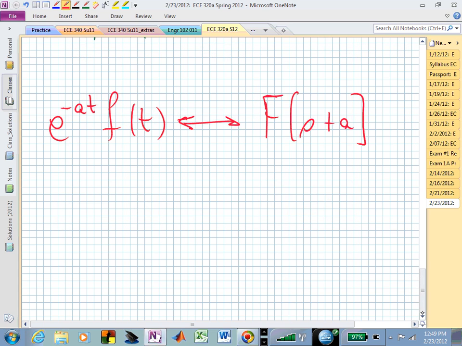That's the transform theorem, the complex frequency variable translation theorem.